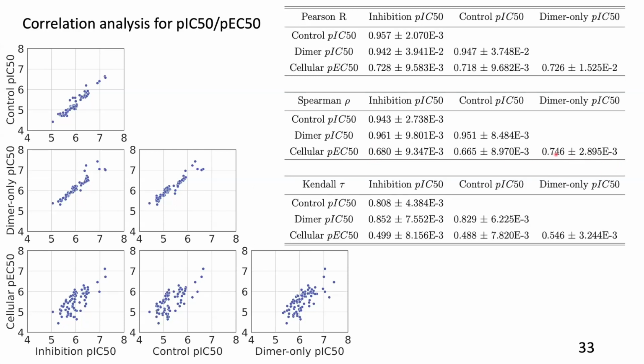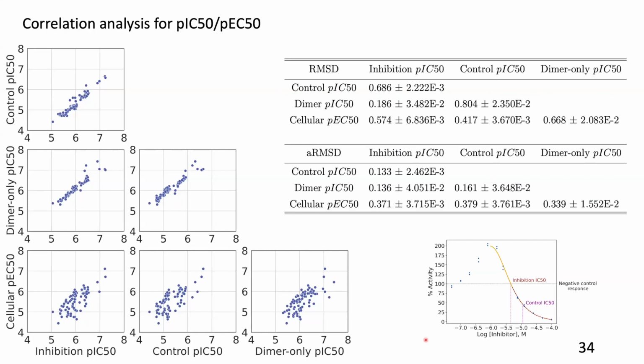You get better ranking with the dimer-only PIC50 than the inhibition PIC50. But it's also noteworthy that the inhibition PIC50 is not bad. It's not a bad place to start if you're trying to predict the cellular activity of a series of compounds that permeate the cell.